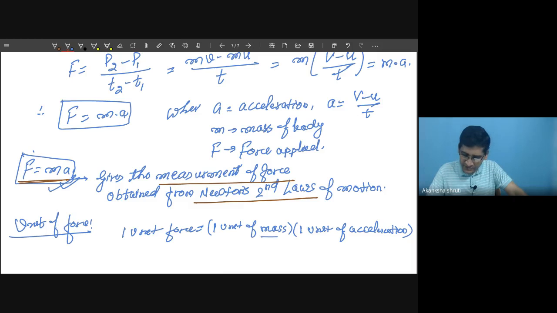So considering this mass and acceleration in SI units, it is 1 kg multiplied by 1 meter per second square.